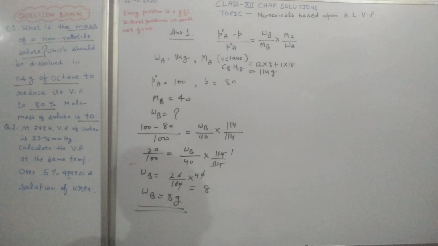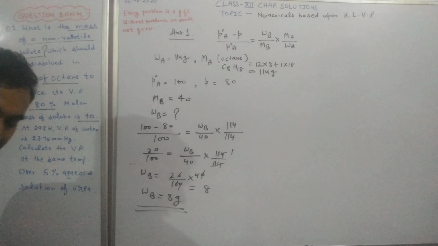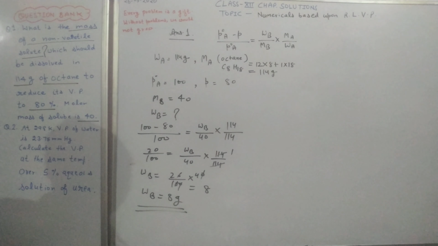Now let's read the second question. At 298 Kelvin, vapor pressure of water is 23.75 mmHg. Calculate the vapor pressure at the same temperature over 5% aqueous solution of urea.